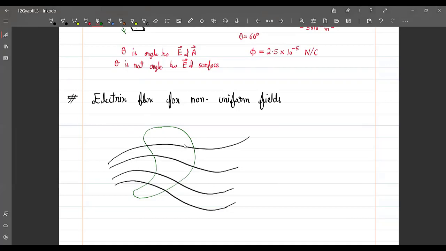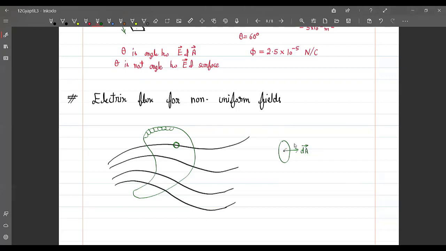So here, what we would like to do is divide this area into very small segments, and there will be a point where this field would be crossing it. If I zoom this out, it will look like this. This is my very small area, so I'll write it as dA vector.